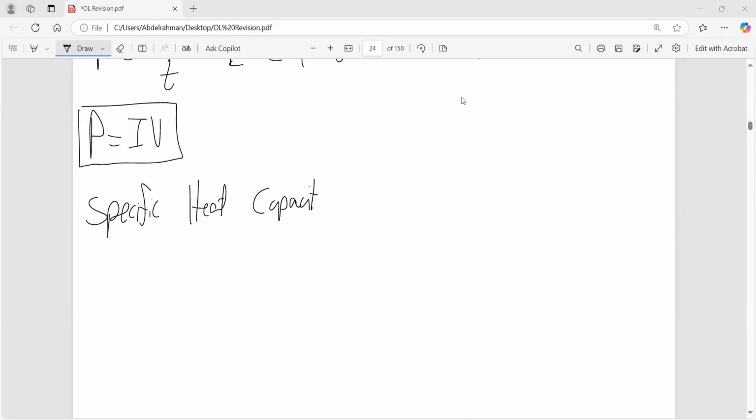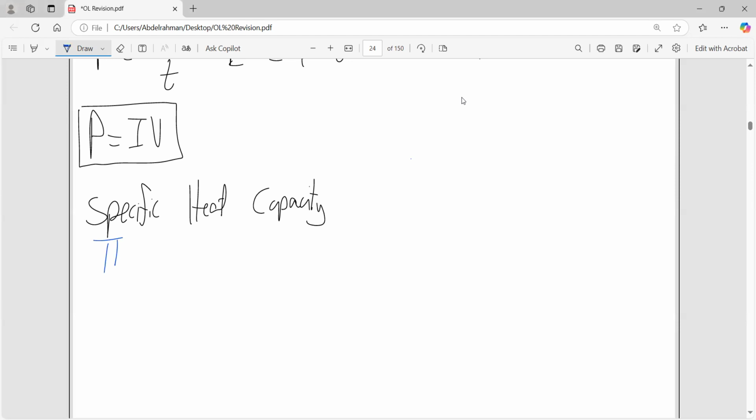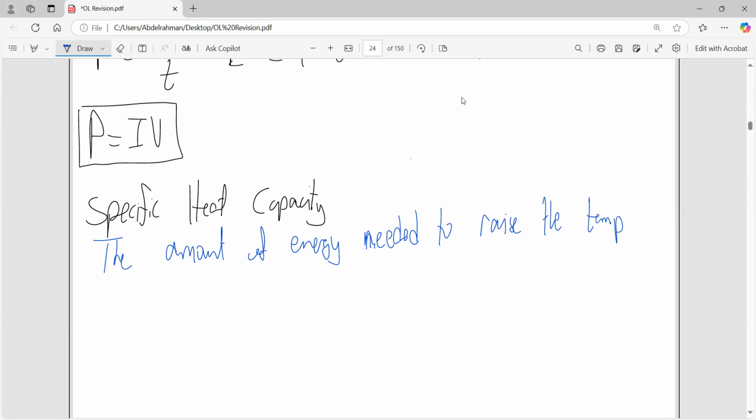What is specific heat capacity? Well, specific heat capacity is the amount of energy needed or required to raise the temperature of an object.